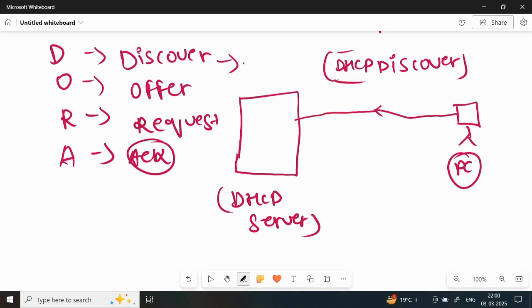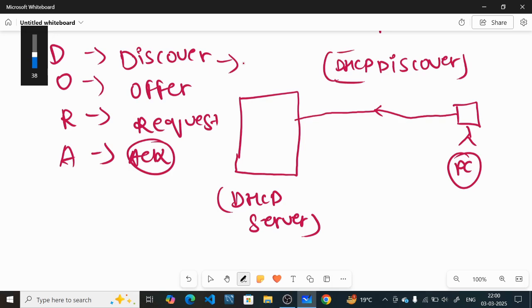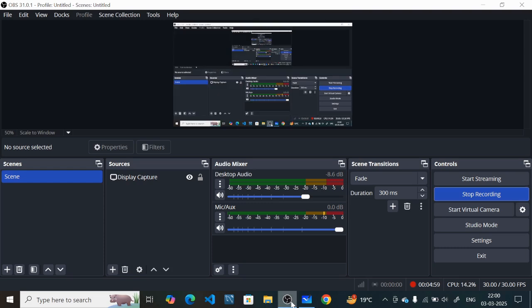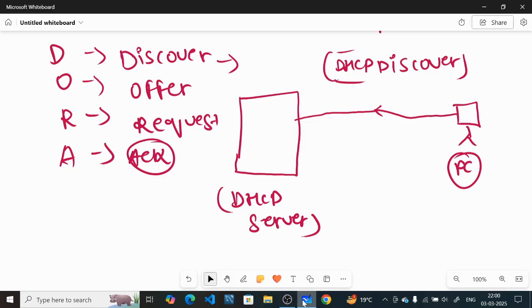It will send the packet. What does the packet contain? The packet contains multiple things. First of all, the MAC address of my machine.